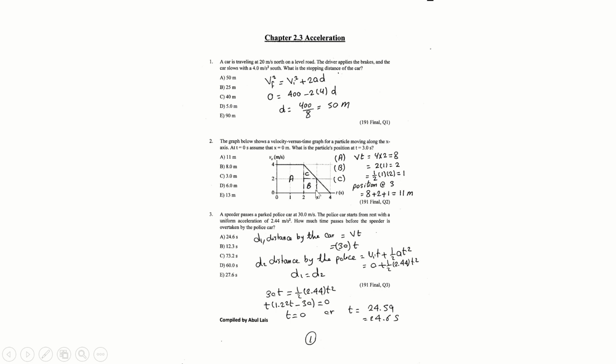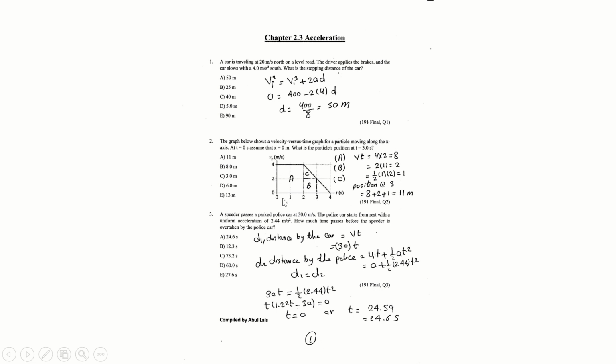If you remember, we've mentioned before that velocity equals distance divided by time, so the distance must equal the velocity multiplied by the time.